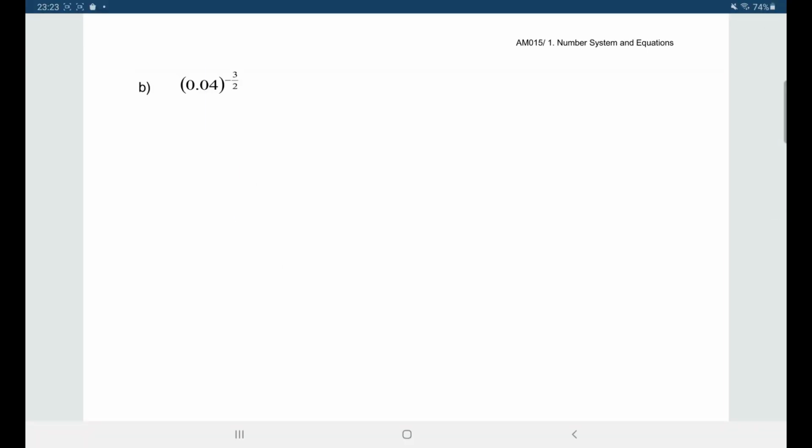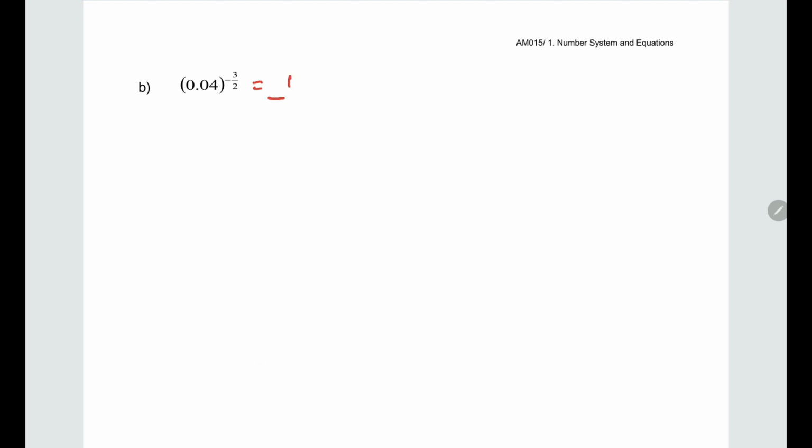For question B, (0.04)^(-3/2) equals 1 over 0.04^(3/2). We change 0.04 to fraction form, so we get 1 over (4/100)^(3/2).